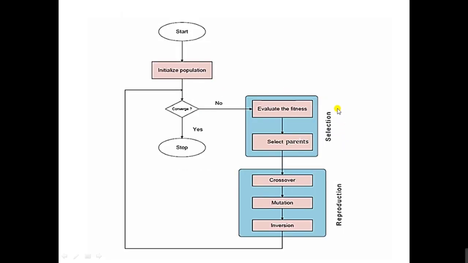In the last video, we discussed selection: evaluate the fitness, then select parents. Now, in a similar way, we are going to discuss the reproduction area: crossover, mutation, and inversion.